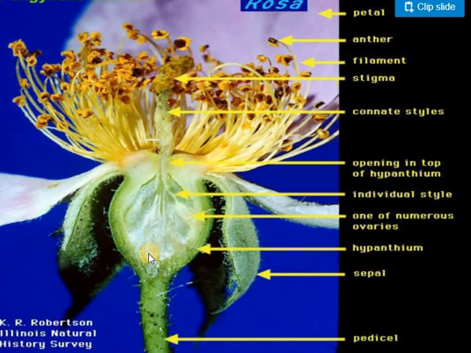See, the ovary portion is within the thalamus cup. This is Rosa. This is the thalamus cup. The ovary portion is within the thalamus cup, but the style and stigma are above. So, the gynoecium is halfway inside and half outside. This is called a perigynous condition.